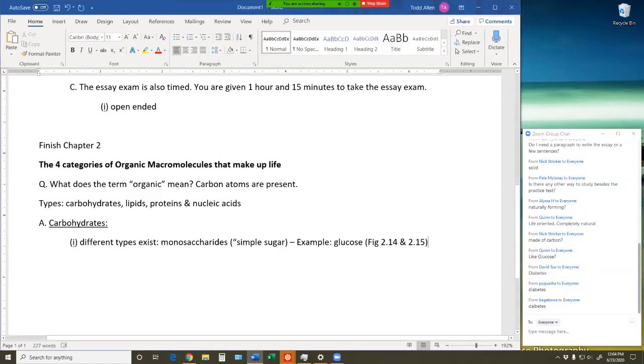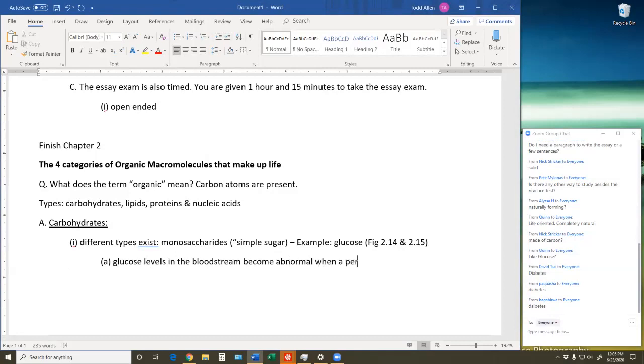Okay, so glucose levels in the bloodstream become abnormal when a person is diabetic. The presence of excess glucose triggers body-wide inflammatory processes that harm tissues and organs.